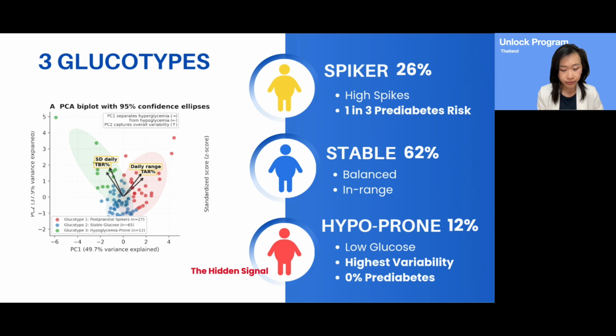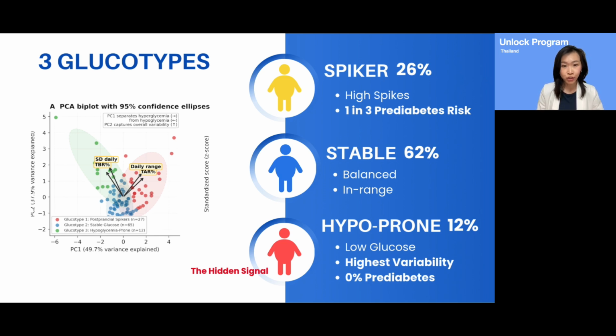And yet, based on conventional screening criteria, prediabetes prevalence in this group was 0%, despite having the highest glycemic variability in the cohort.